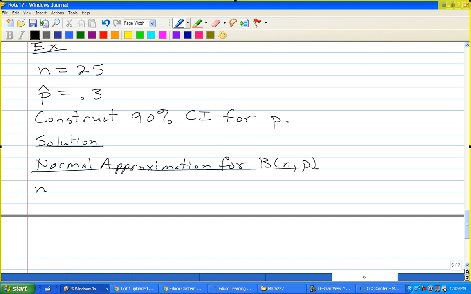So let's do n times p. So n is 25. Again, I don't know what p is, but I can estimate p.